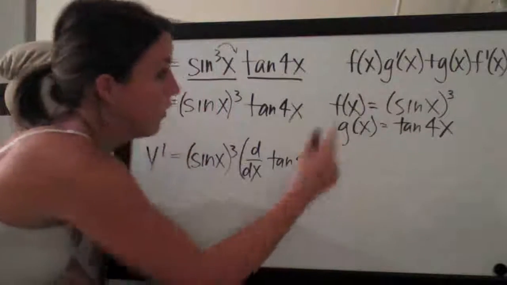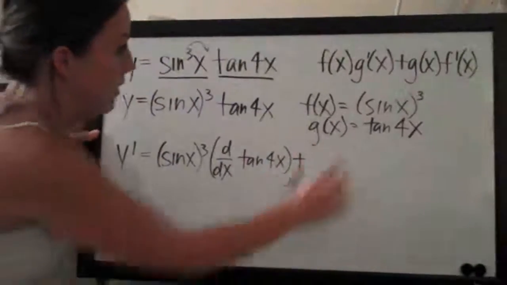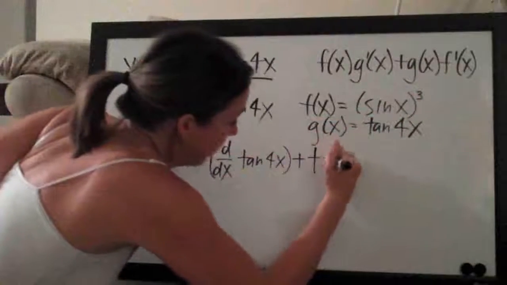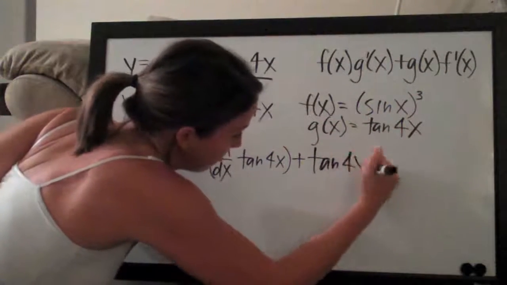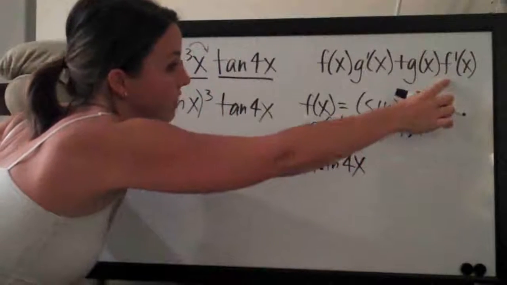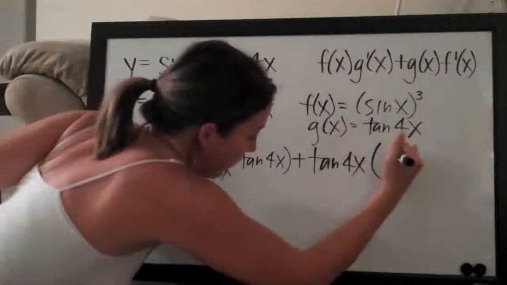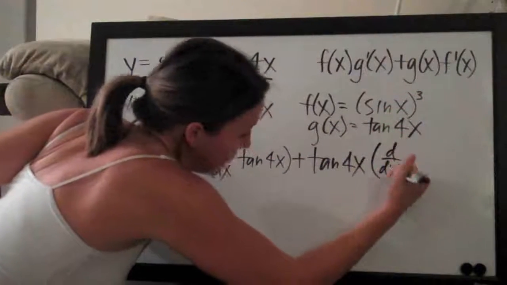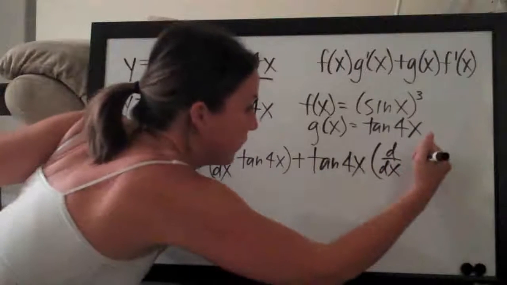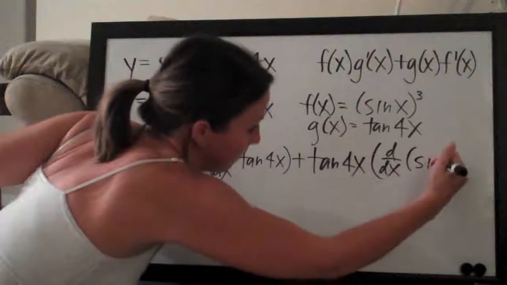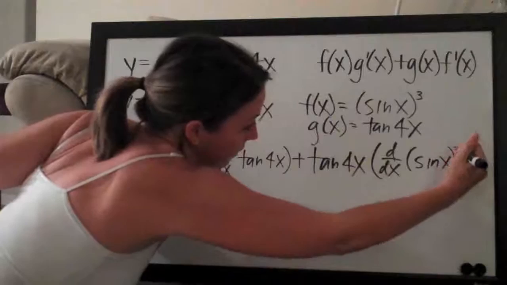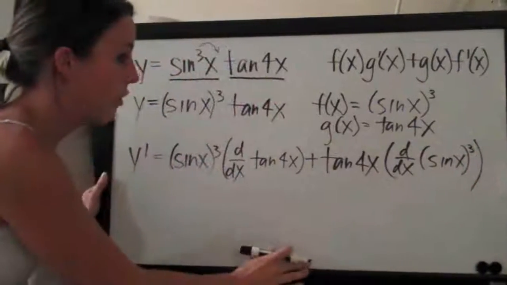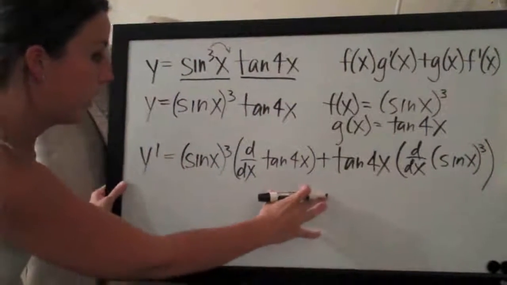Then we write g of x, leaving it untouched, so tangent of 4x, and multiply that by the derivative of f of x. So I'll write out d dx of sine of x cubed. Okay, so this is us applying product rule.